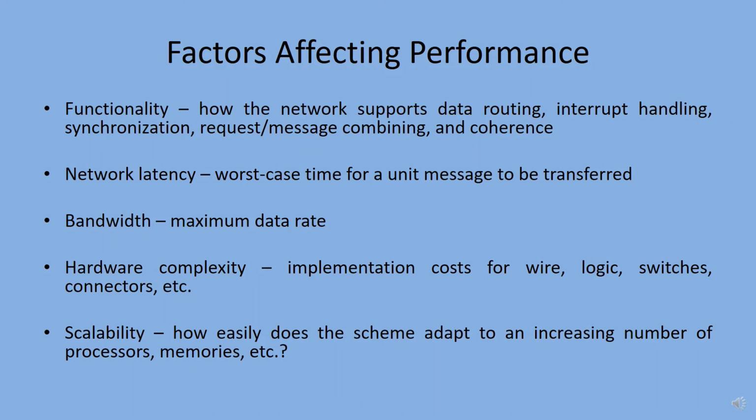Factors affecting performance. First one, functionality: how the network supports data routing, interrupt handling, synchronization, request or message combining, and coherence. Next, network latency: the worst case time for a unit message to be transferred.